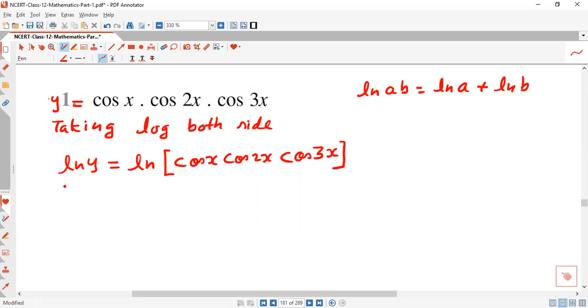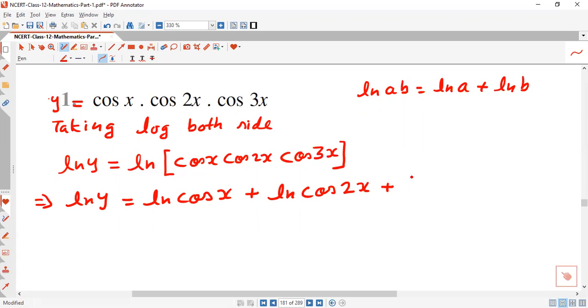Now simplify: log y equals log cos x plus log cos 2x plus log cos 3x.